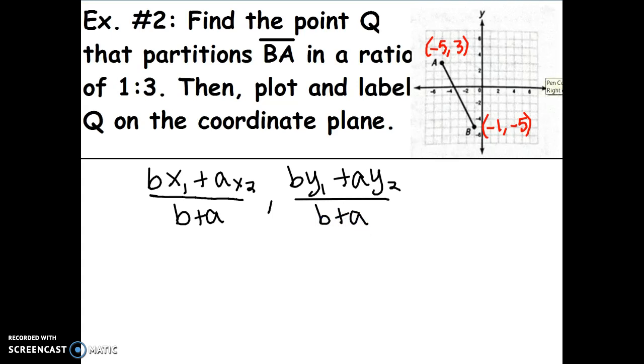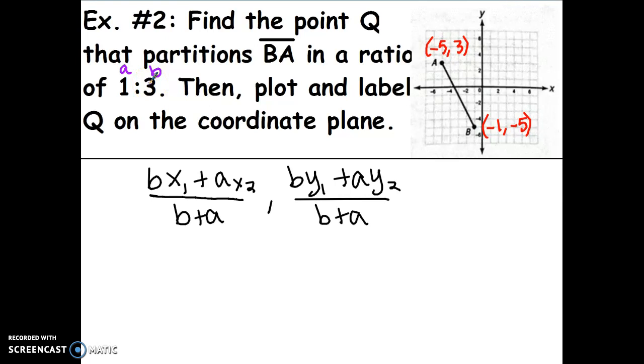Okay, let's look at plugging some things in. I'm going to start with my ratio. We see all these a's and b's in the formula. That's very simple, because in our ratio, the first number is our a and the second number is our b. Now let's label our x1 and y1.